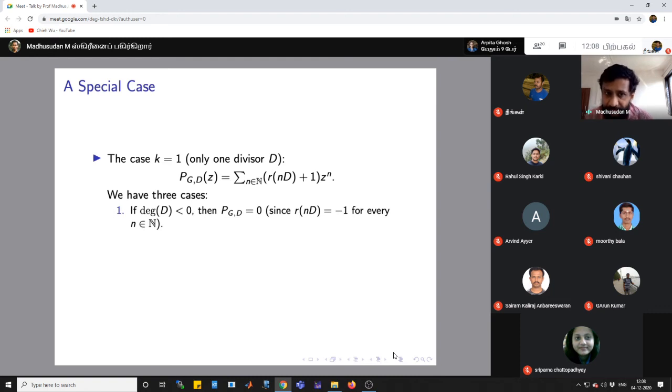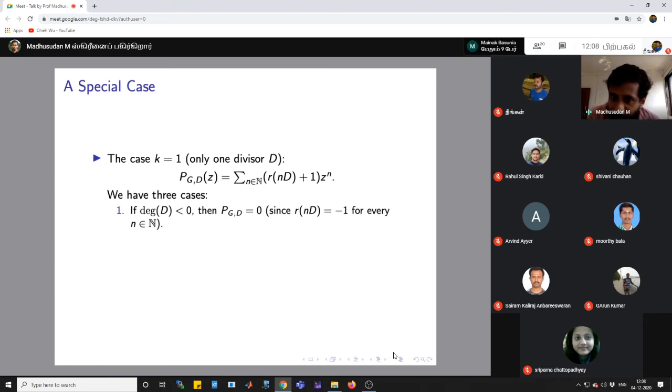And the 3 cases are based on the degree of your divisor. What if the degree of d is less than 0? Then your Poincare series has to be 0, just the identically 0 series. Why?